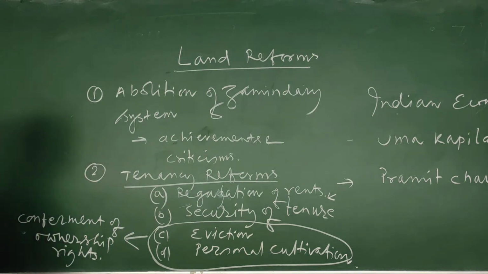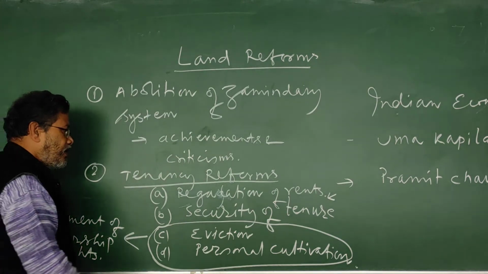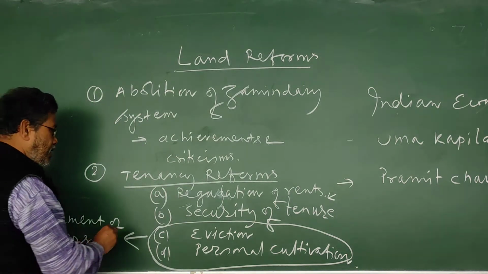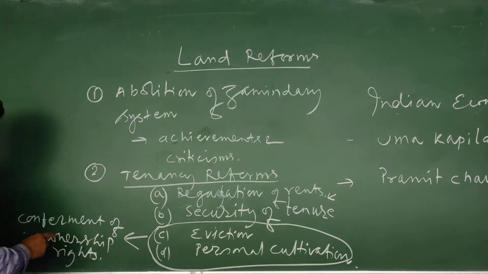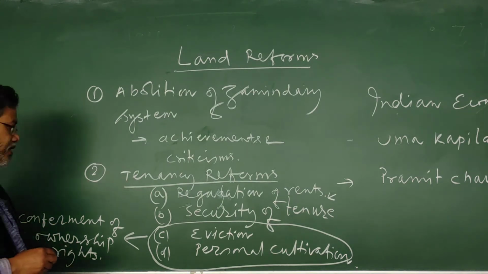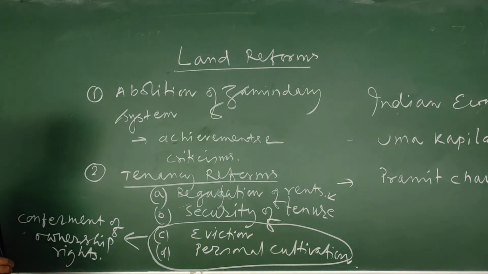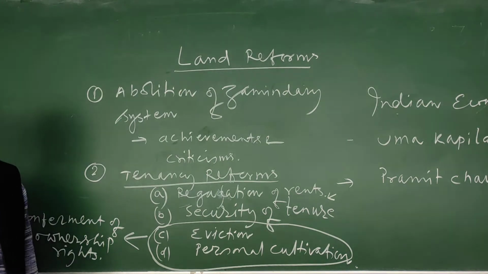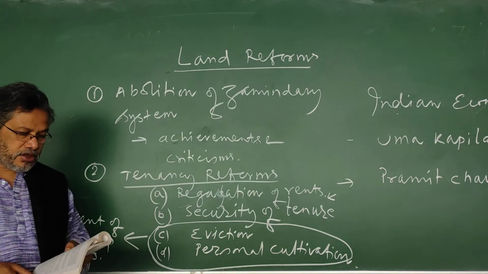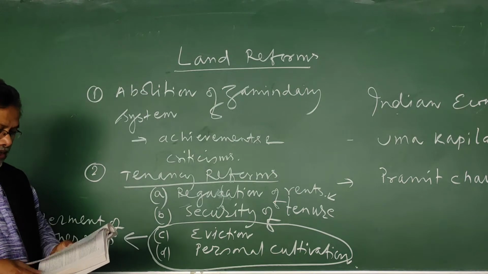Under tenancy reforms, there are mostly 3 measures: one is regulation of rent, another is security of tenure, and the third one is conferment of ownership rights, which again is constituted of 2-3 subsections like eviction of tenants, self-cultivation or personal cultivation, and maybe one more. I'll check that. Okay.